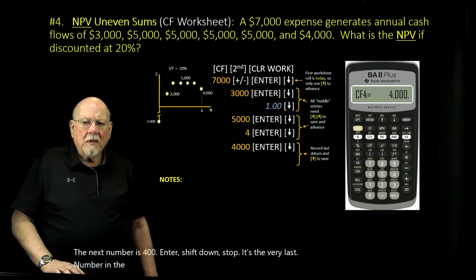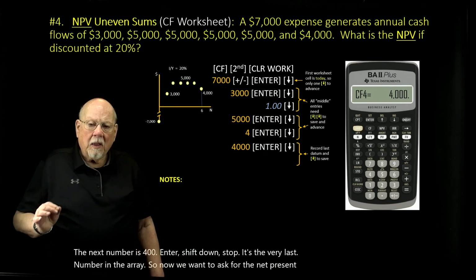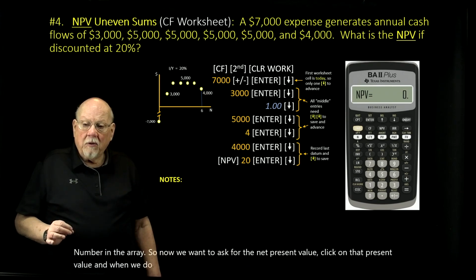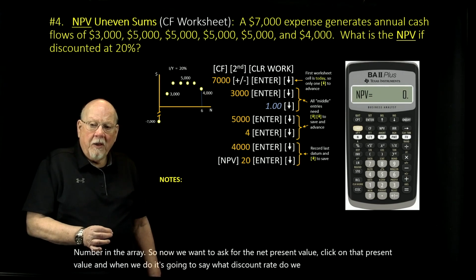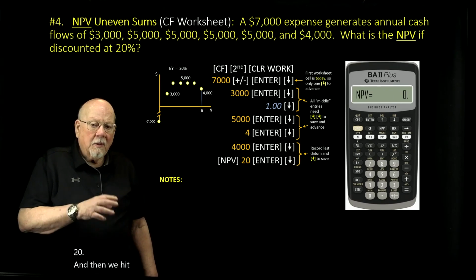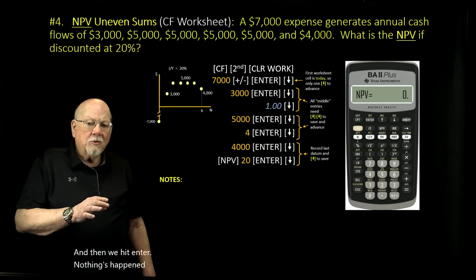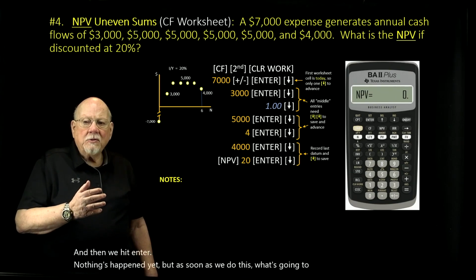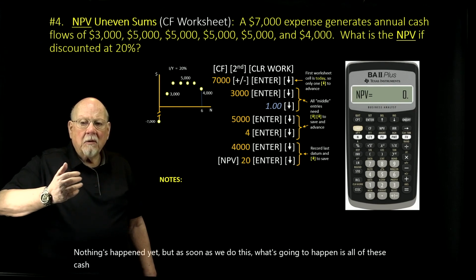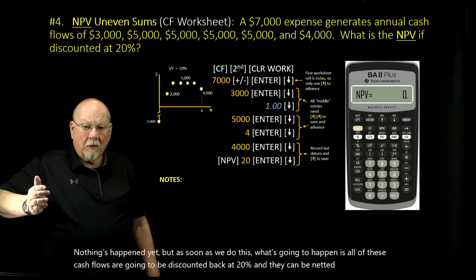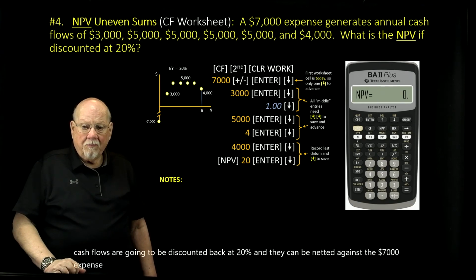So now we want to ask for the net present value. Click on net present value, and when we do, it's going to say, what discount rate do we want? We have to put in the 20. And then we hit enter, shift. Nothing's happened yet, but as soon as we do this, all of these cash flows are going to be discounted back at 20%, and they're going to be netted against the $7,000 expense that we had in the first place.